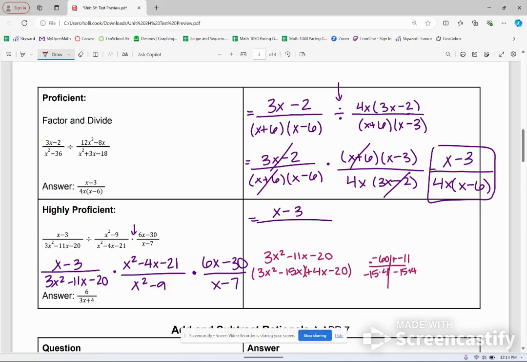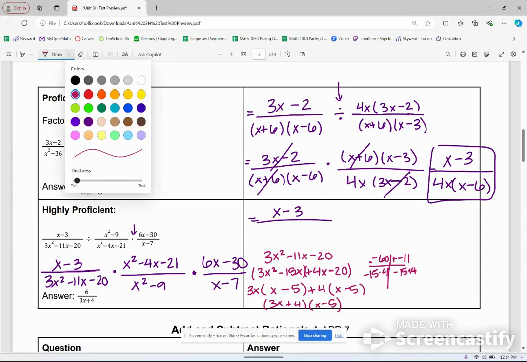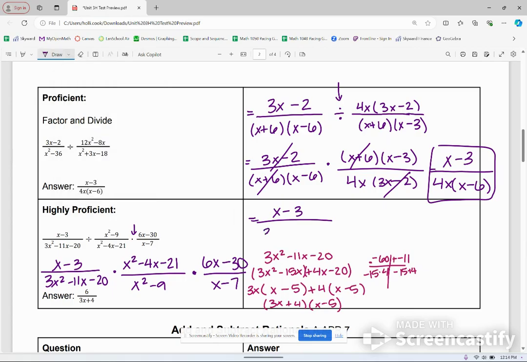The GCF of the first group is 3x, then we have x minus 5 left. Second group, we have a 4, and x minus 5 is left. So we get 3x plus 4 and x minus 5 when we factor that out. All right, so 3x plus 4, x minus 5.